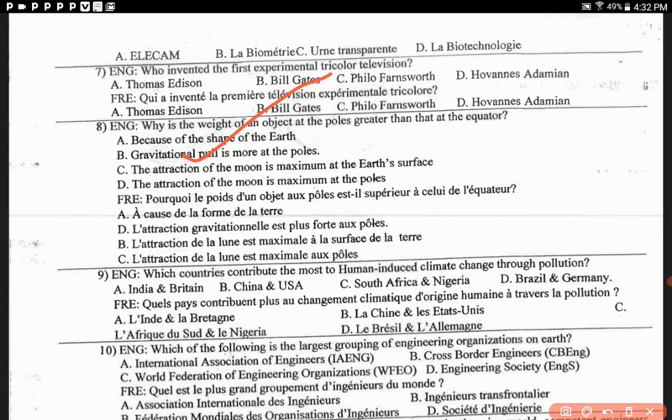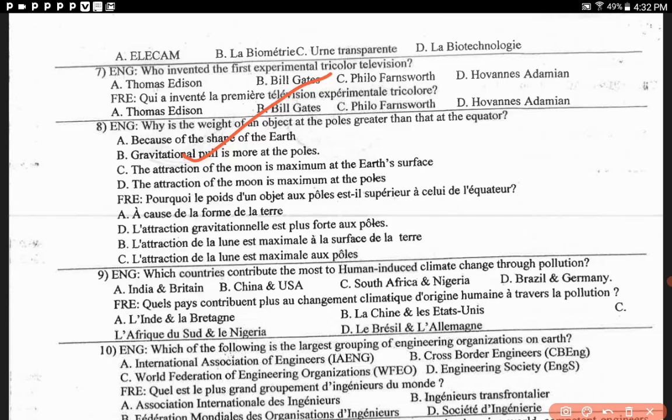At the poles, the centrifugal effect is essentially zero. The combination means that measured weight is higher at the pole. So A is wrong, B is right, C and D are invoking the moon. So the question is, why are they invoking the moon when we are talking about the earth?